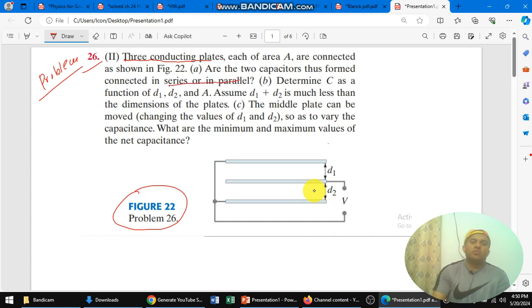Remember that the upper two plates are connected to the same point, the same potential.